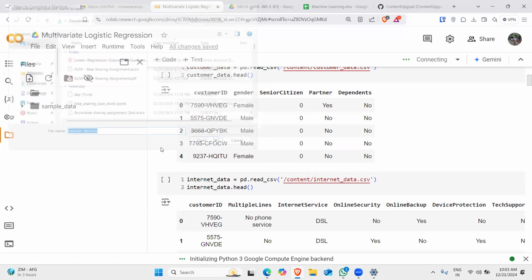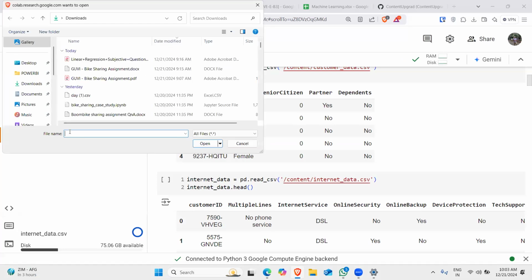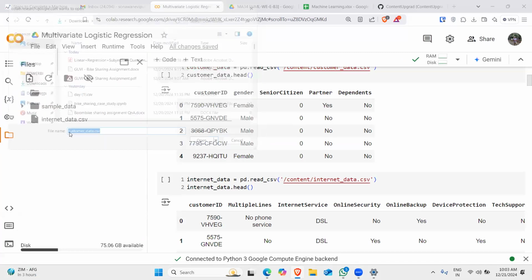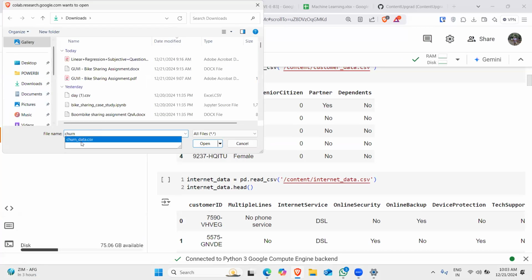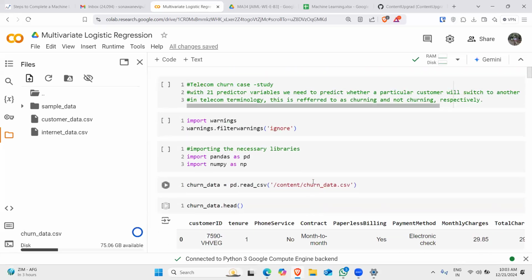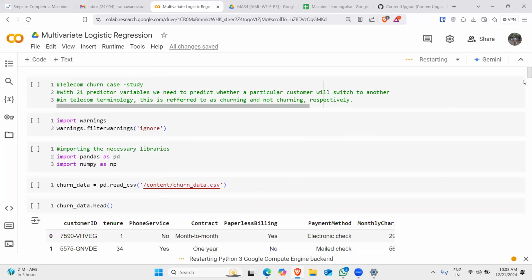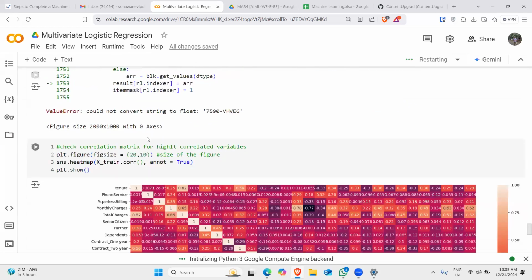Internet data, this one. Click on OK. Then we have customer data, so I'll just upload customer data. Then we have churn data, right? So we'll upload this, and I think only three. Okay. So if I just restart and run all this, I will be able to get this thing.